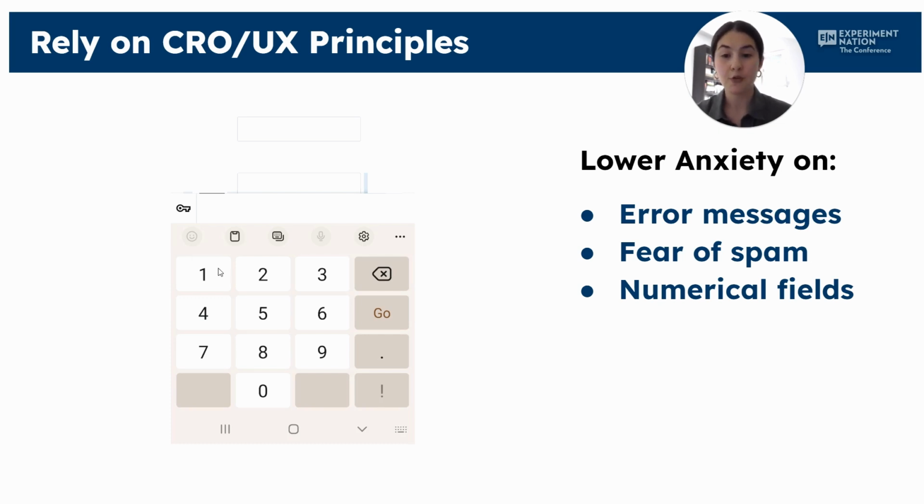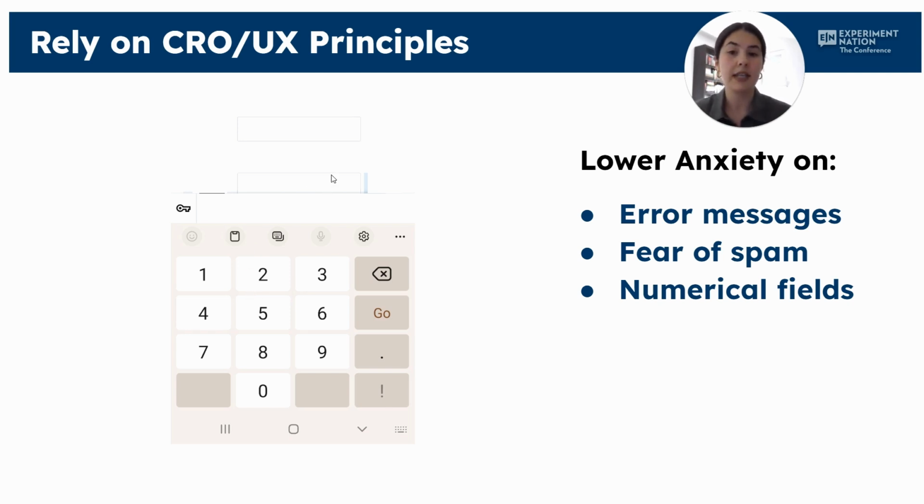If your forms have fields where visitors have to input numbers, what you want to do is show them a numerical keyboard instead of an alphabetical keyboard, because if they are on mobile, it's much easier for them to start typing on a numerical keyboard than switching from the alphabetical one themselves.